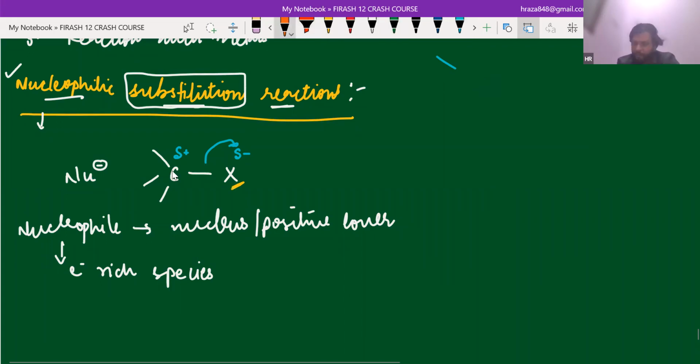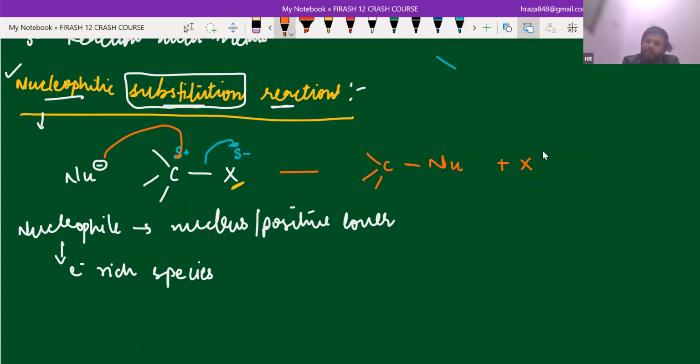Carbon will have a deficiency of electrons because its electron is taken by X, which is also called the leaving group. So this nucleophile will attack on carbon. This X will be replaced by the nucleophile. So this reaction is known as nucleophilic substitution reaction. Is that clear?